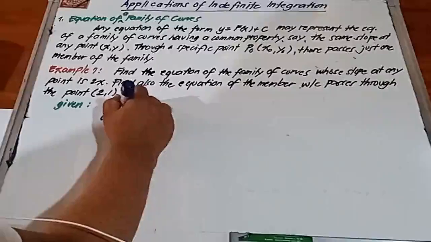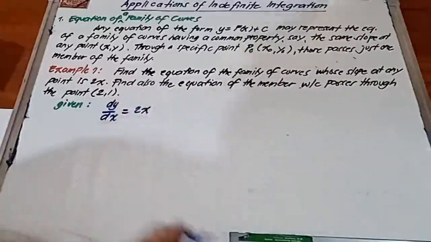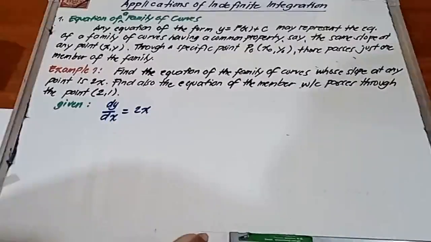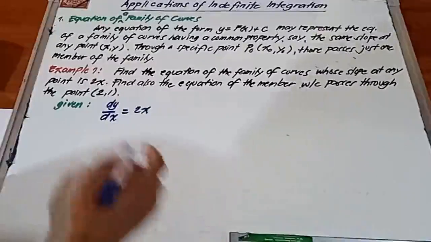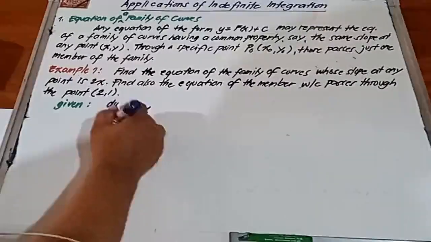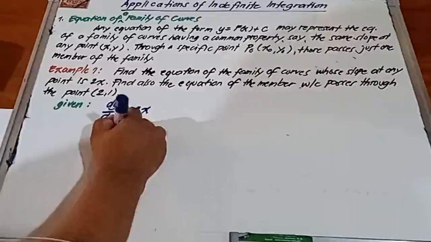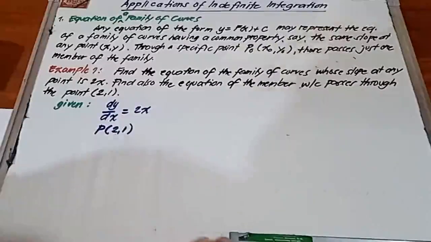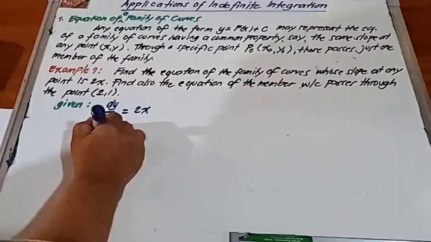Yan yung slope natin. Okay? And then given din yung isang member ng ating family of curve, tatama siya dun sa point (2, 1). Okay? So, ito yung isang member na tatama dun sa point on the xy plane na (2, 1). Okay? Ito yung ating P sub 0.